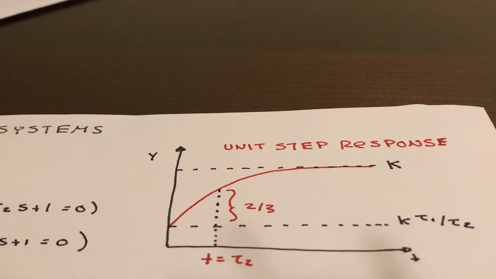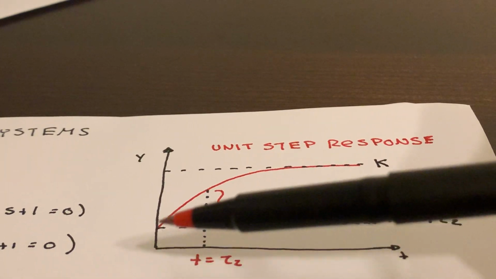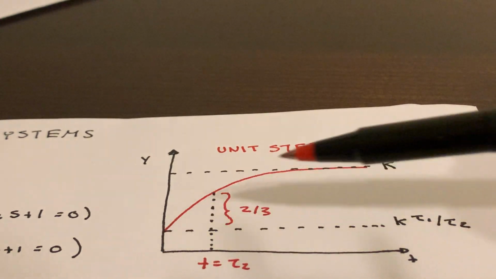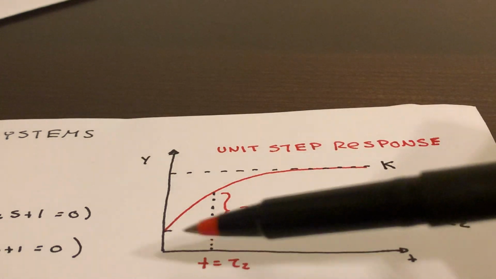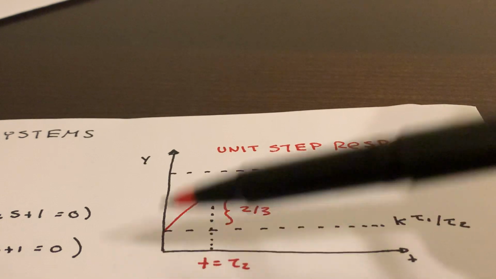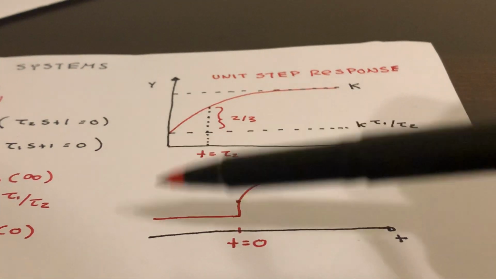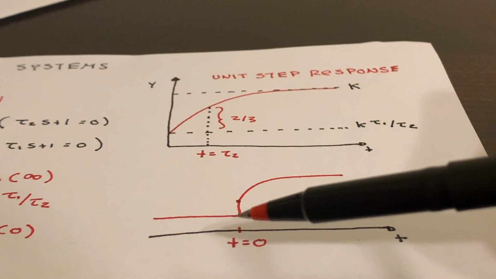The key thing about this zero is that it causes this jump in the initial condition. So we have this immediate jump in the response, and then we have our first order response. Prior to t equals 0, of course, the response is assumed to be 0. If you look at the response of the system with time, we have some value of y, our initial steady state value.